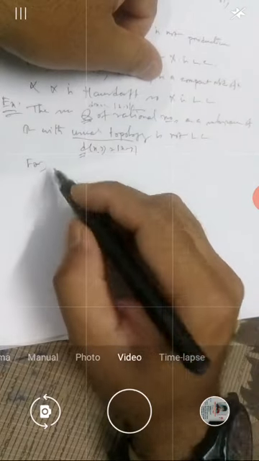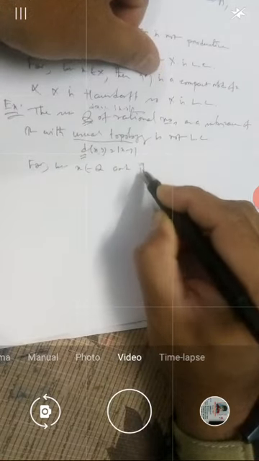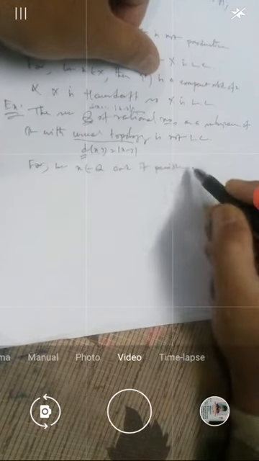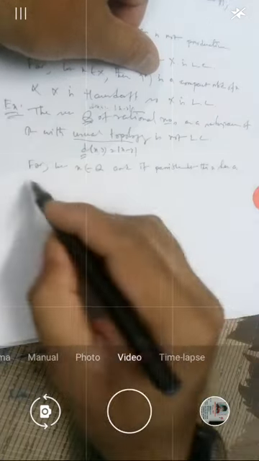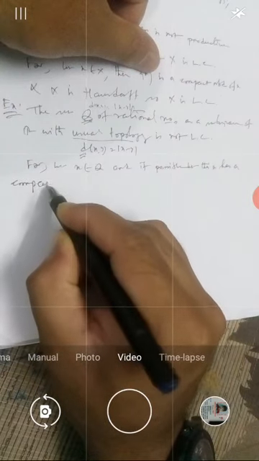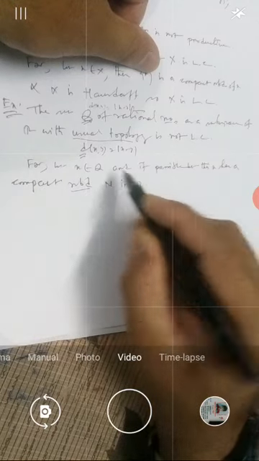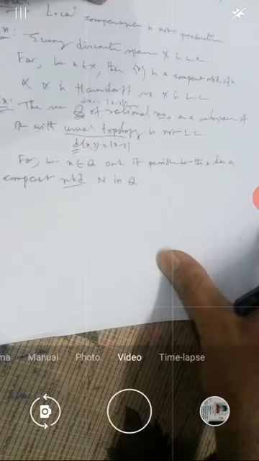For let x in Q, and if possible let this x have a compact neighborhood N in Q. Mind it, we are in Q. This is very, very important.